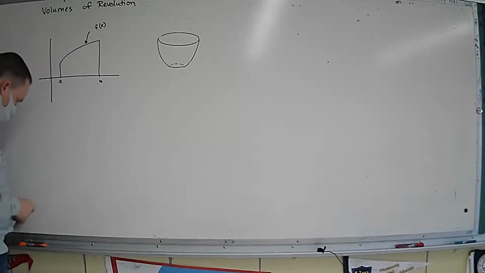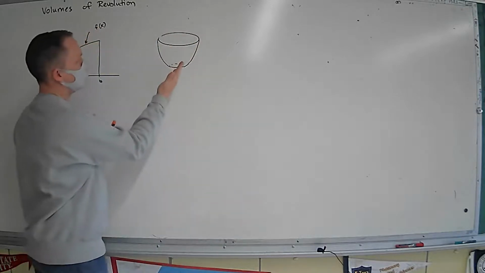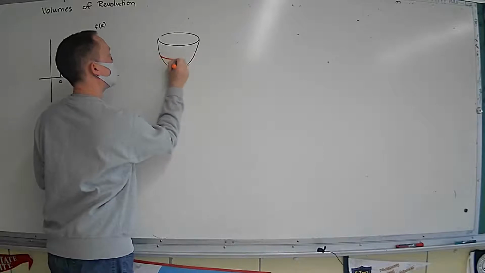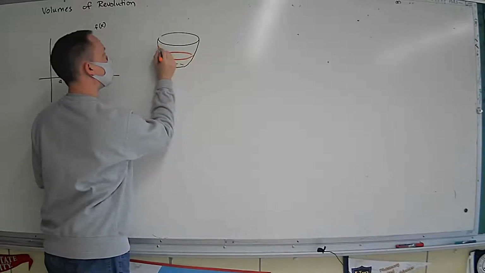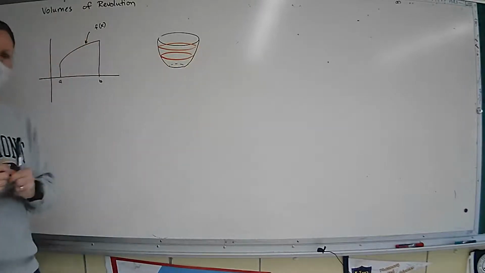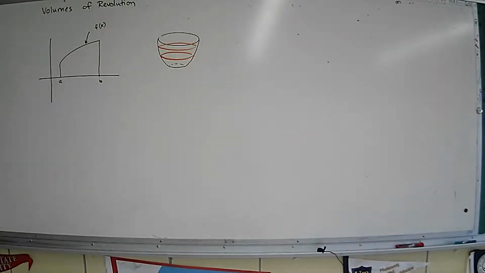Now, can't you visualize this shape as a bunch of discs, if you will, circular cross sections that are sort of stacked up?